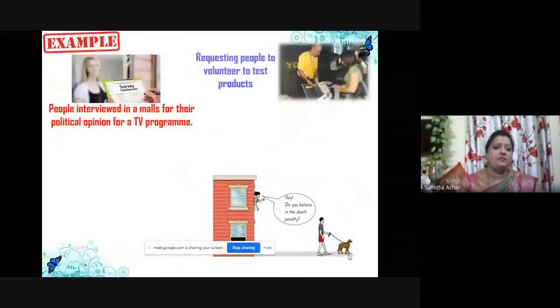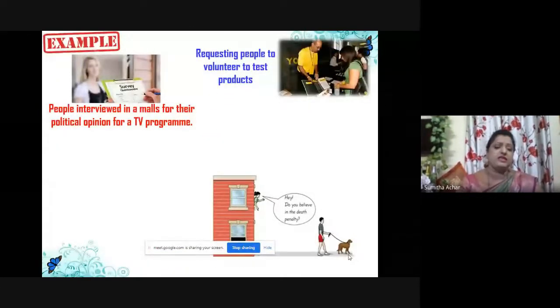People tend to select this sampling method, for example, whenever somebody wants to know the review of a Kantara movie. You just stand outside the theater and ask people on a random basis. Whoever is coming out of the theater, you assume that the person has watched the movie, and you try to take a review or an opinion from the person. So this is exactly convenience sampling.